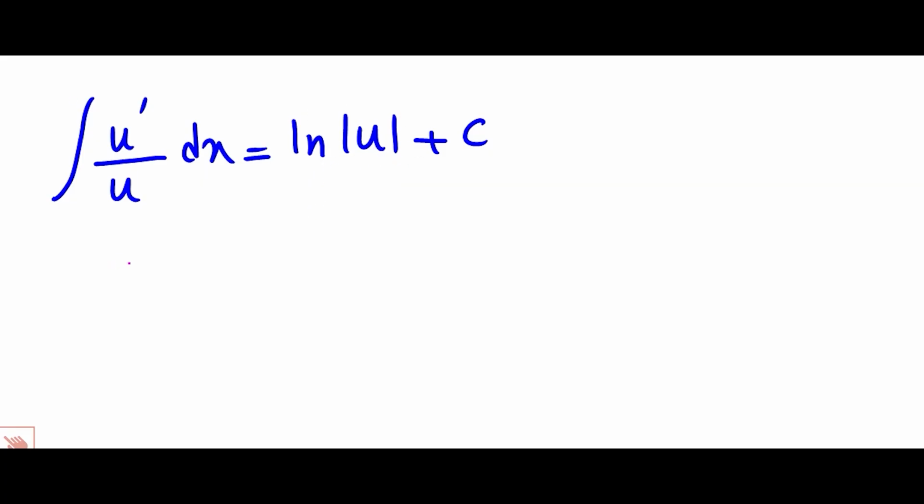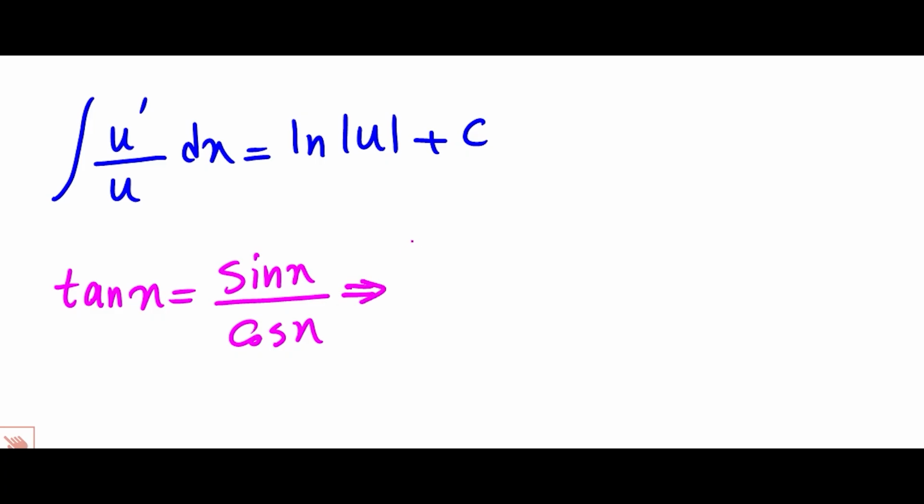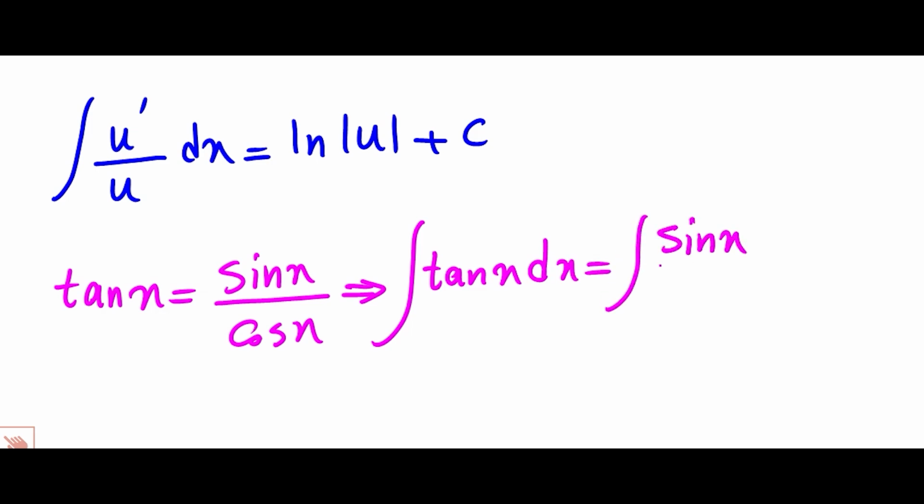Let's see how this works for the integral of tangent of x. As you know, tangent of x equals sine of x over cosine of x. So the integral of tangent of x dx equals the integral of sine of x over cosine of x dx. Now look at the denominator, which is cosine of x. What is the derivative of cosine of x? It is negative sine of x.